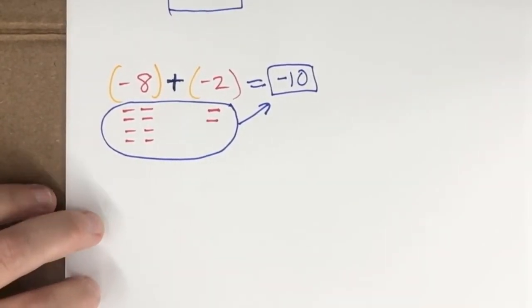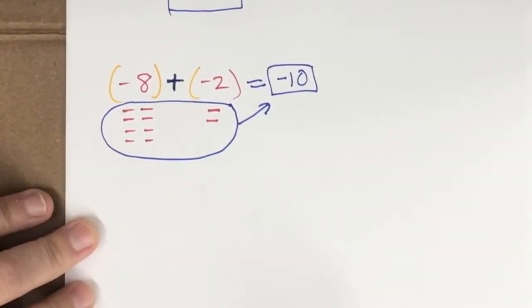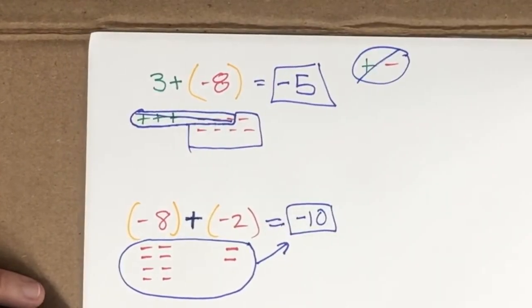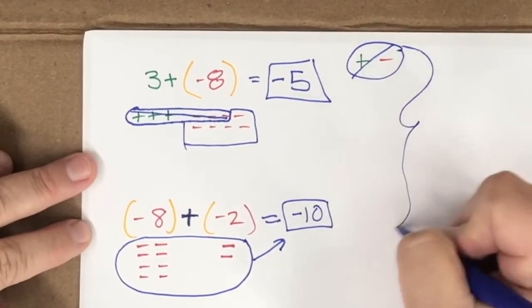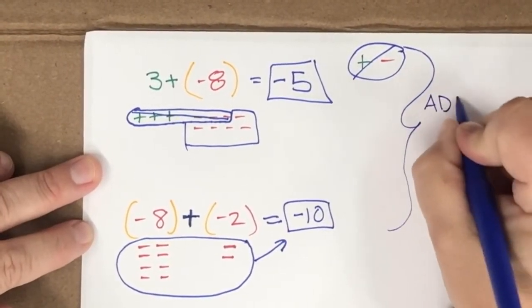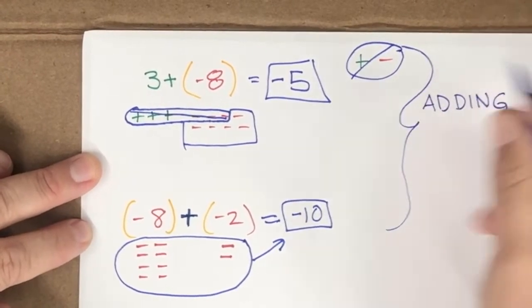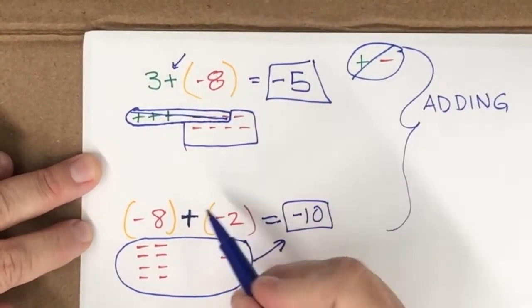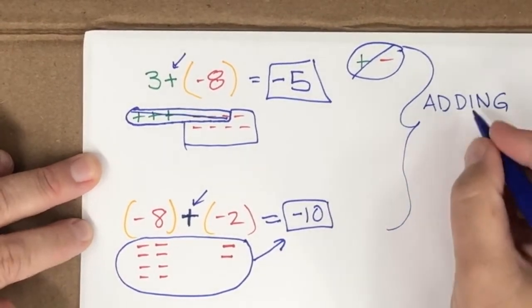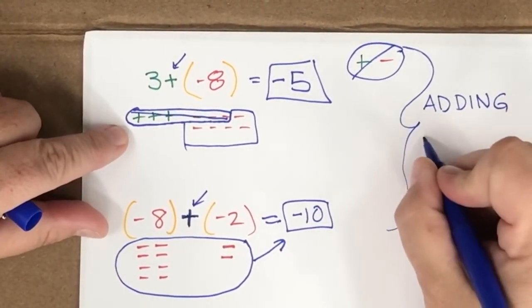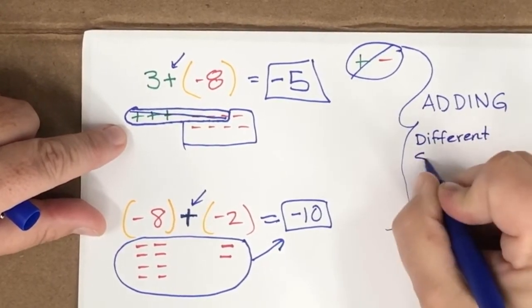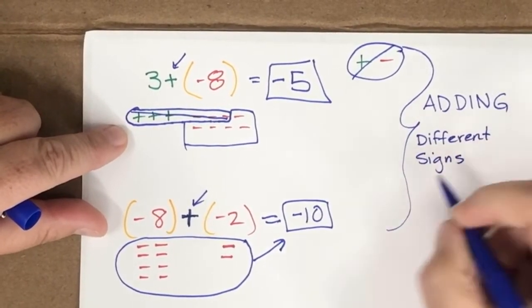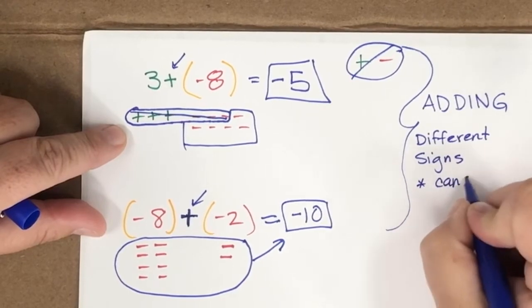So you have 2 different examples. Both of these are adding. So if we're adding on both of these, then if we have different signs, then they're going to cancel out.